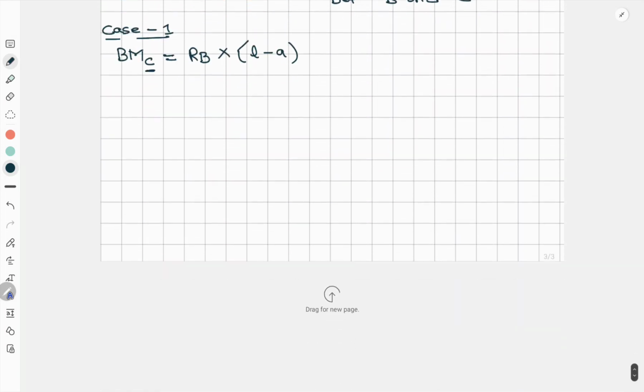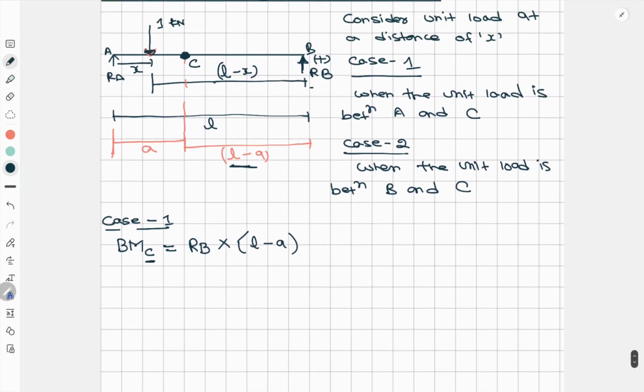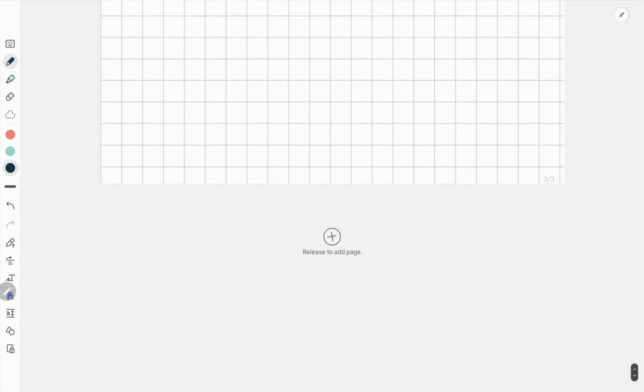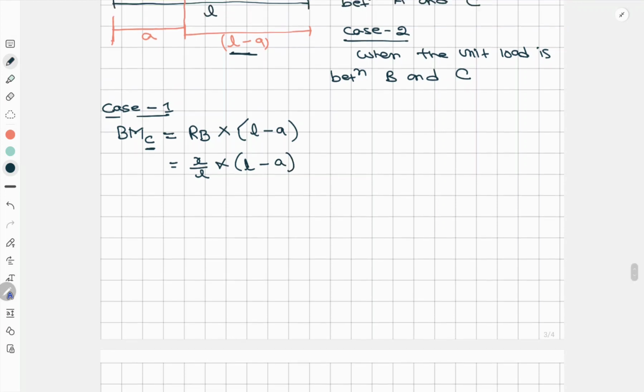So we know the value of RB is nothing but x by L, right, and RA was 1 minus x by L. Okay, so here I'll put the value of RB, that is x by L into L minus a.